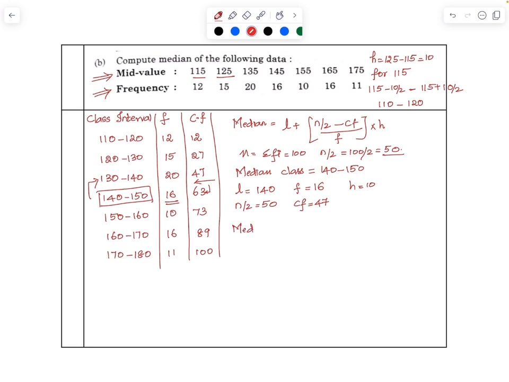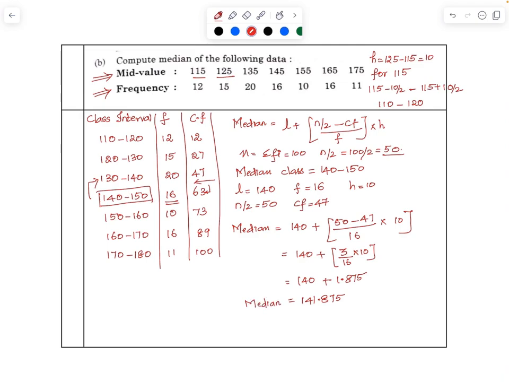Substituting all these values, median is equal to 140 plus 50 minus 47 upon 16 times 10, which is 140 plus 3 upon 16 into 10, which gives us 140 plus 1.875, that is 141.875. So this is the median of the given data.